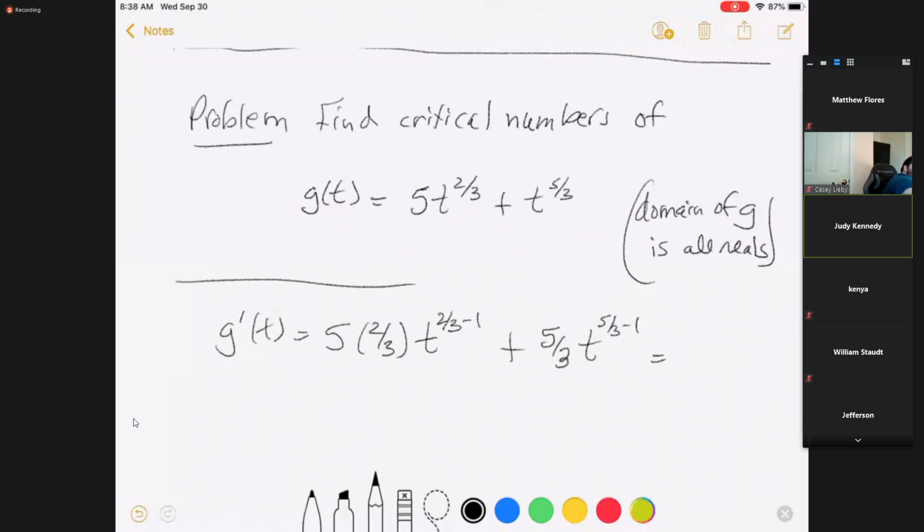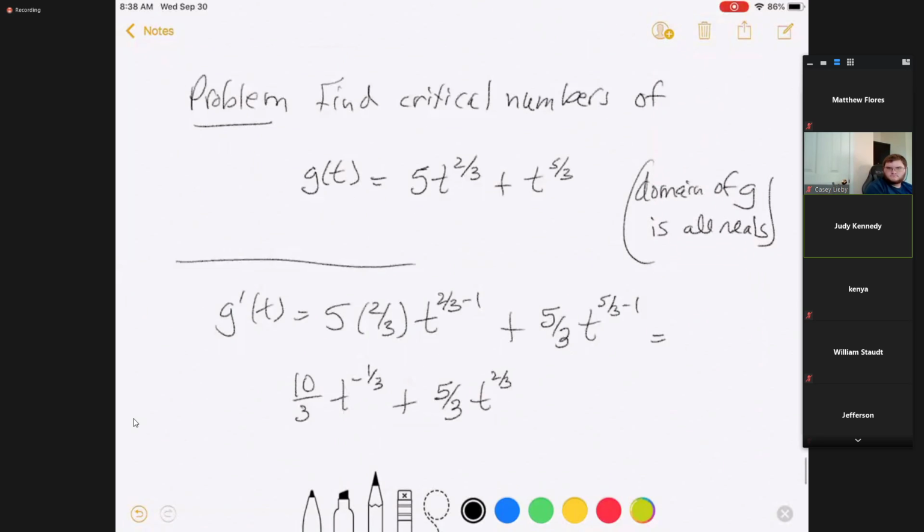And that's equal to 10/3 t to the minus 1/3 plus 5/3 t to the 2/3, since 5/3 minus 1 is 2/3. Okay, so we get that function.